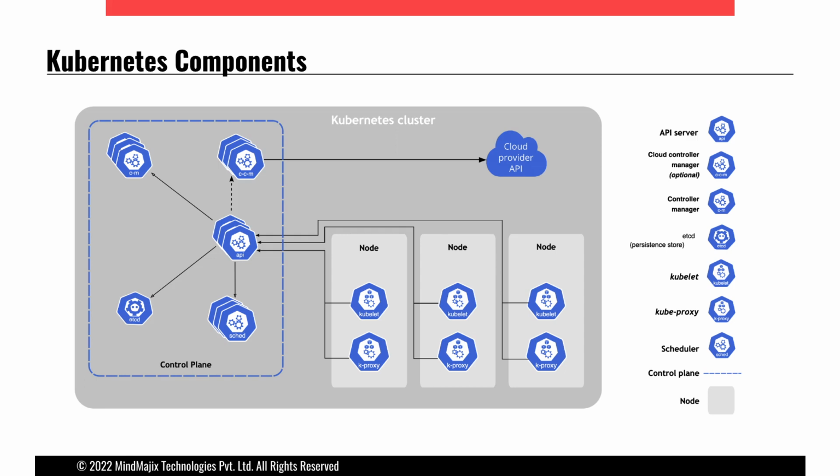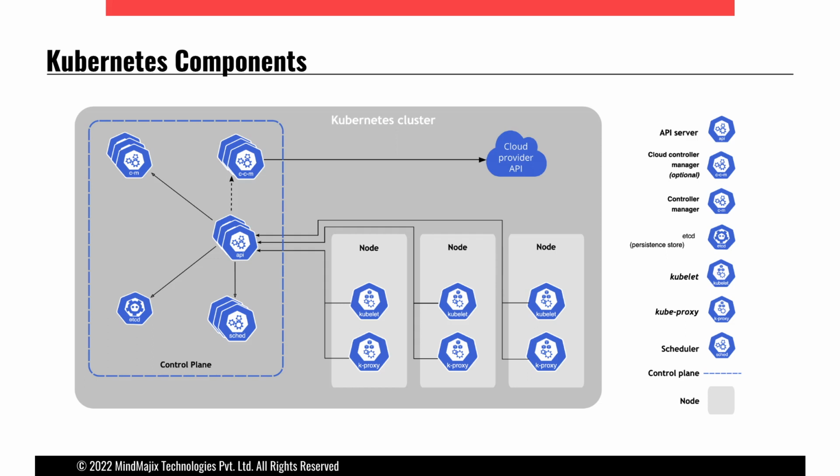Now, if you talk about the architecture of Kubernetes, Kubernetes is based on a master and nodes architecture, where one will be master and another will be slave. We can say slaves are the nodes. The master is basically to manage all the resources available in our Kubernetes cluster.